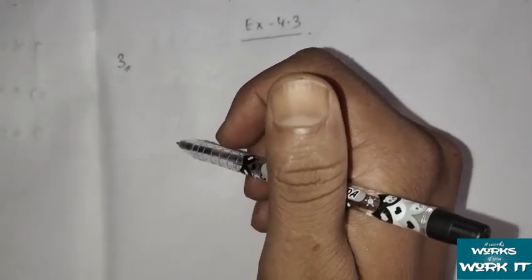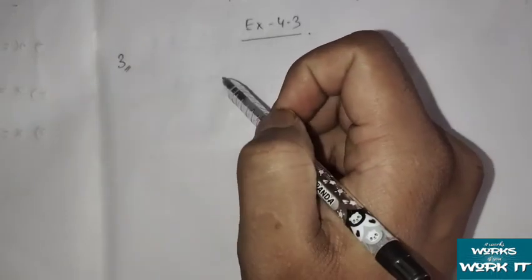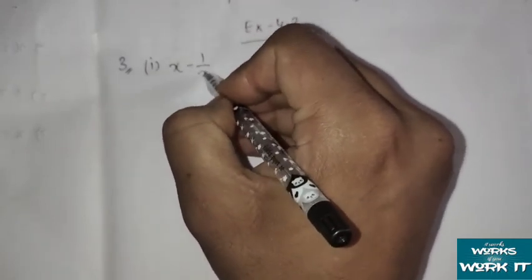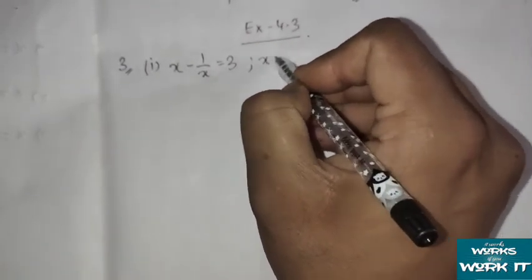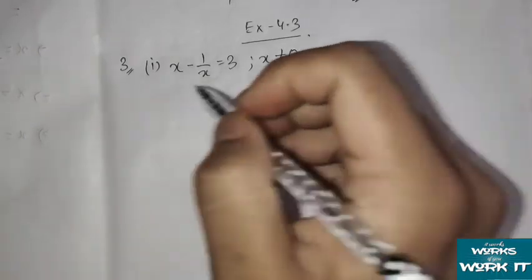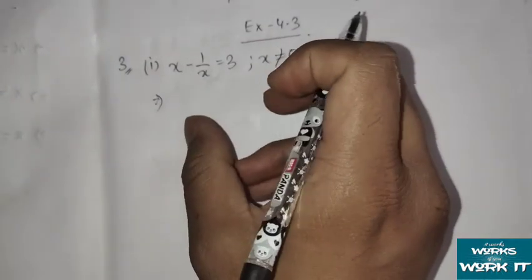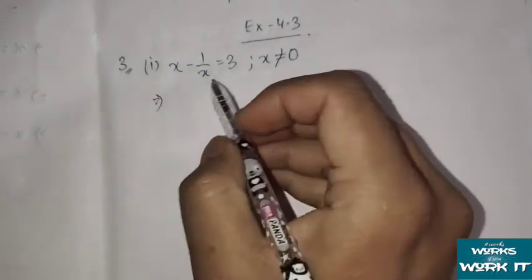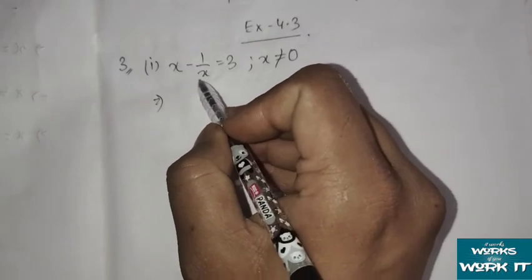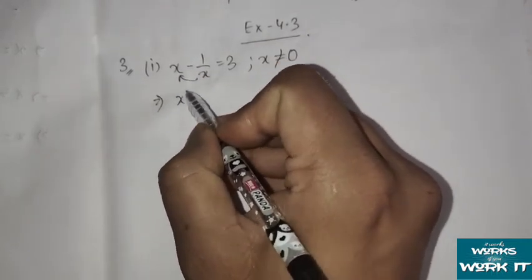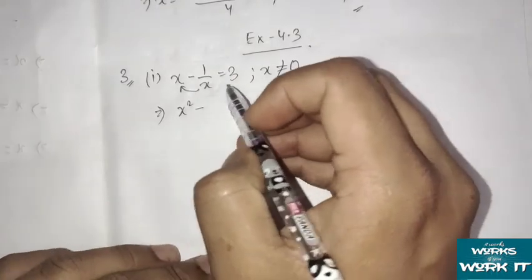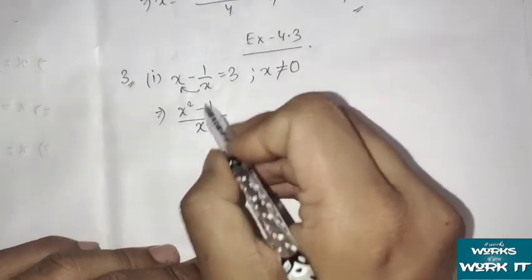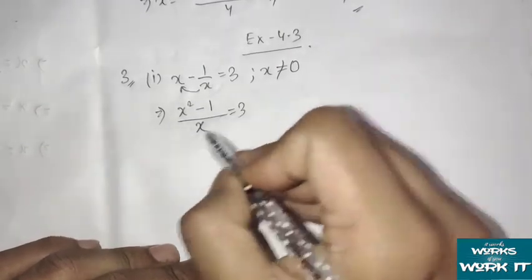So now we will pick up a different type of equation to find out the roots. The equations are given in question number 3 of exercise 4.3. So the first equation is x minus 1 by x equal to 3, where x is not equal to 0. Okay, so we will first form the standard form of the quadratic equation from this given equation. So we will directly multiply, so it will become x square minus 1 with denominator x equal to 3.